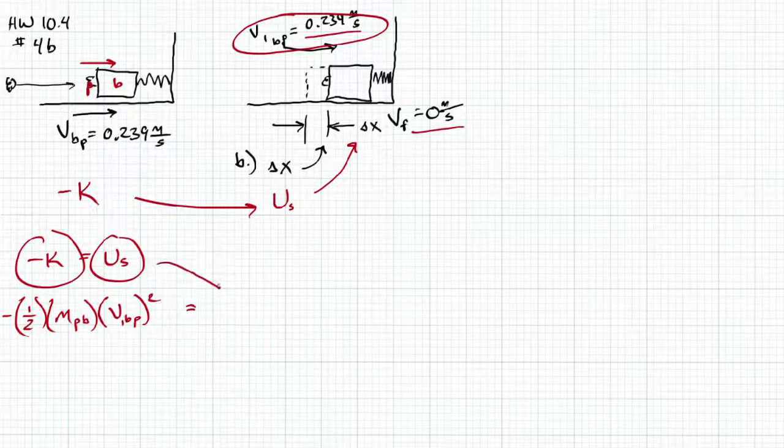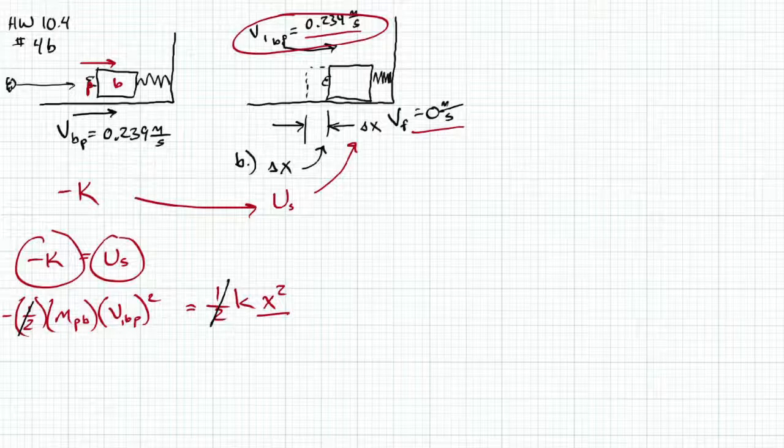And if you recall, the potential energy of a spring looks a lot like kinetic energy, but it's 1/2 K, which is the spring constant, that's the stiffness of the spring, times X squared. Right here, that's what we want. We want to find X. So why don't we rearrange this to solve for X and then plug in, and then we have our answer. Well, first of all, the 1/2 on both sides just cancels out.